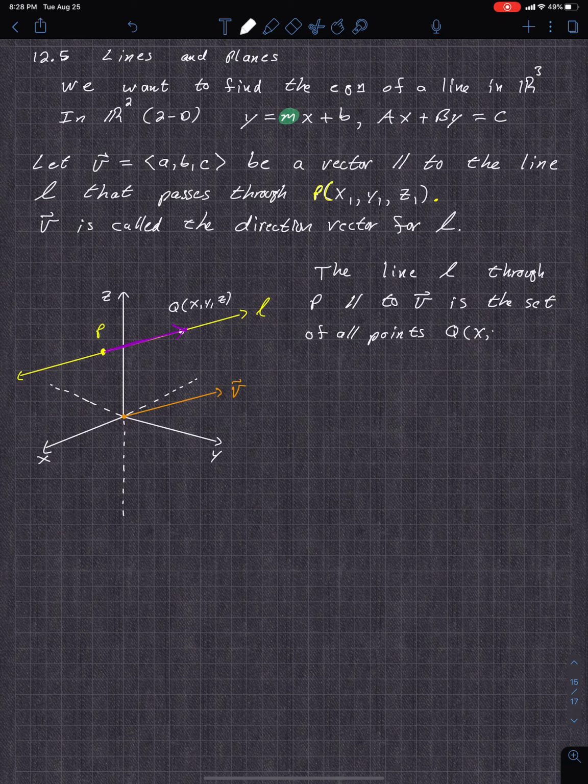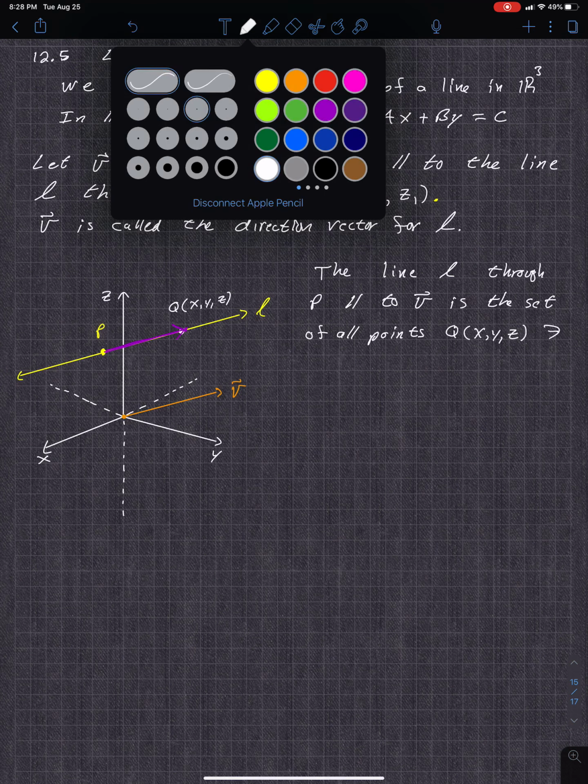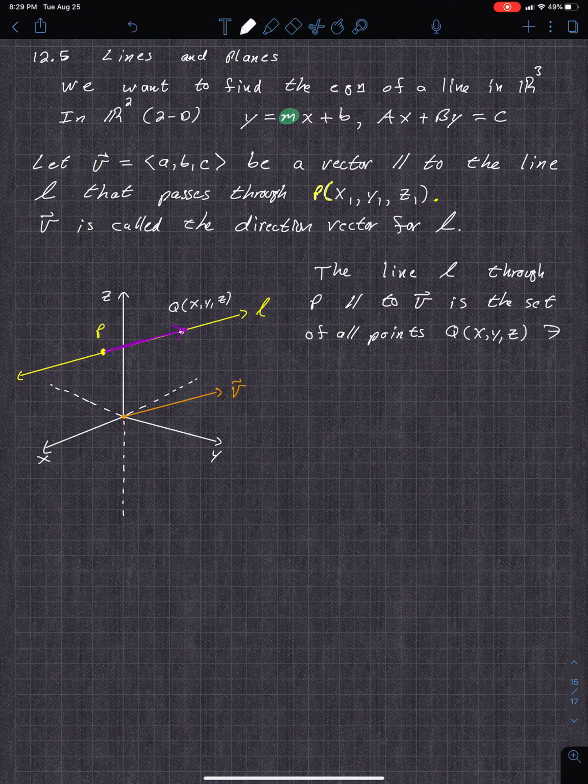Q of x, y, z. Those are arbitrary points such that PQ is equal to tv, where t is arbitrary, right? And t is in the reals. That's your scalar multiple part. So that's what we mean by parallel.